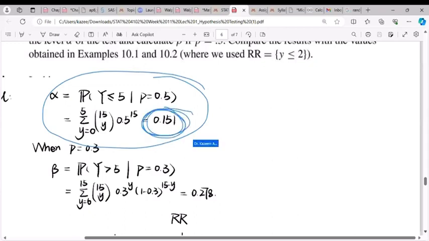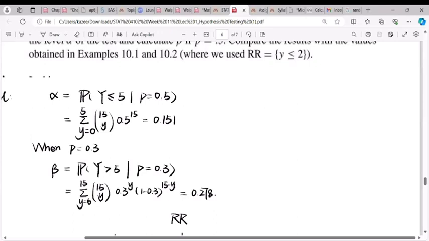The type 1 error has increased. Initially, we got maybe 0.004 something. But now, increasing the rejection region, the type 1 error has increased.